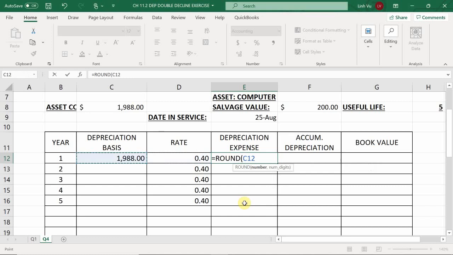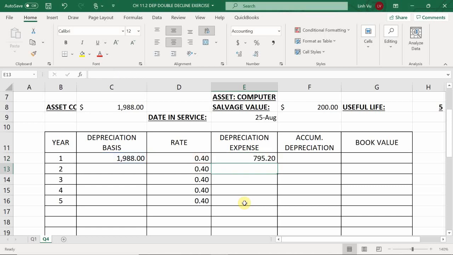I'm going to use equal round here, just in case there are some numbers that could cause big numbers. So what did you get? But it is 4 months, not the whole year. 795 divided by 12 times 4, no? Good, correct. 265. You just recognized that well.